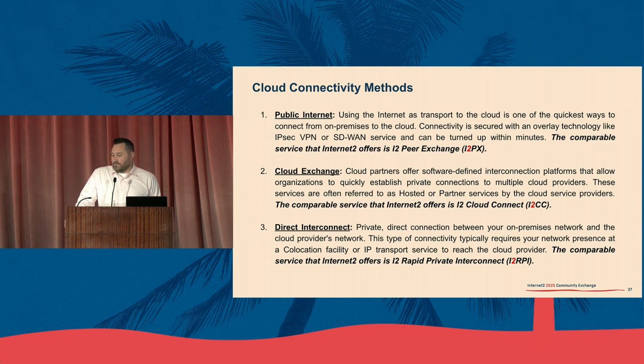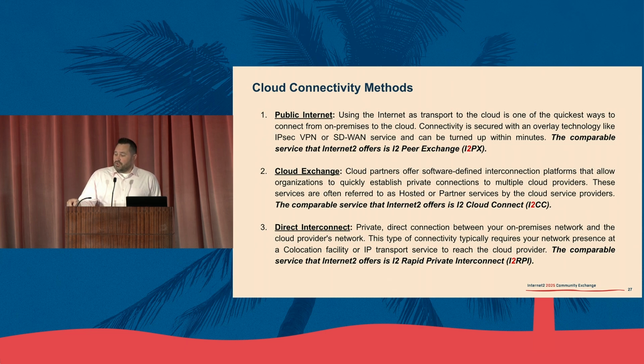Actually, that's number 3, direct connectivity. I kind of jumped ahead here. So if you're building your own colo and placing your equipment directly next to one of the cloud providers, you can go and order a cross-connect and build to those cloud providers. And there's significant cost in building your own infrastructure.